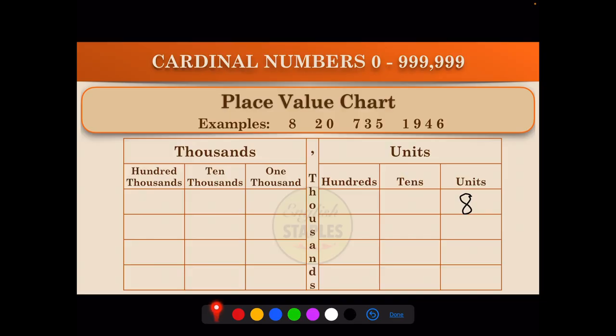The 20, where would we put the 20? We would have the 0 first and then the 2. Because as you can see here, 2 tens make 20. That's how that is. The third number would be this. We start at the right, and then we go here, and then we go here.